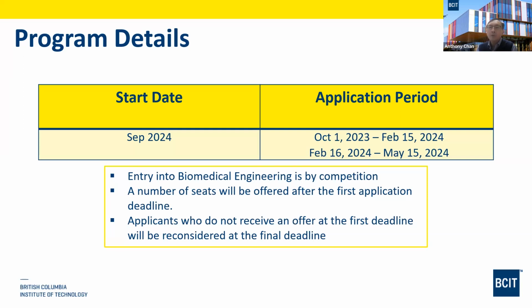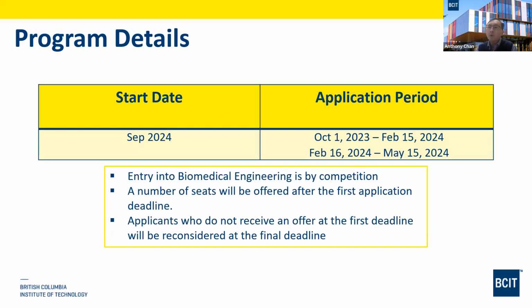So there are two application deadlines. Right now, the application is already open. The first deadline is middle February, and we collect all the applications and will be offering acceptance to some seats, a number of seats to people who apply and qualify. And then the second deadline is May 15th.